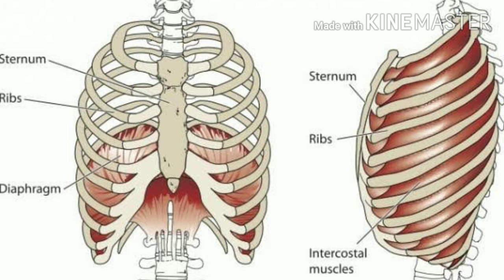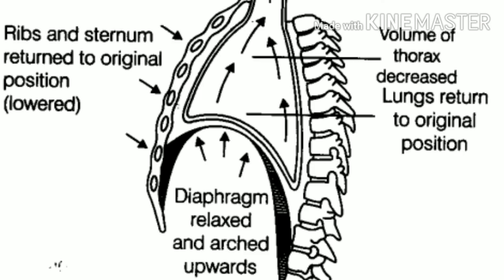Due to this normal position of the diaphragm and sternum, the thoracic volume is reduced. Means the cavity in the thoracic chamber is decreased. At the same time, the pulmonary volume, means the space inside the lungs, also decreases.